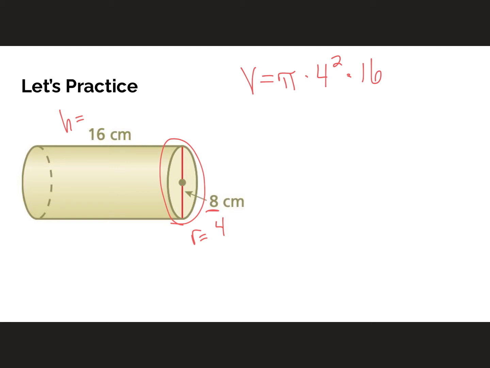So I have 16 times 16 times 3.14. And I just put that into my calculator, and I get the volume equals 803.84.